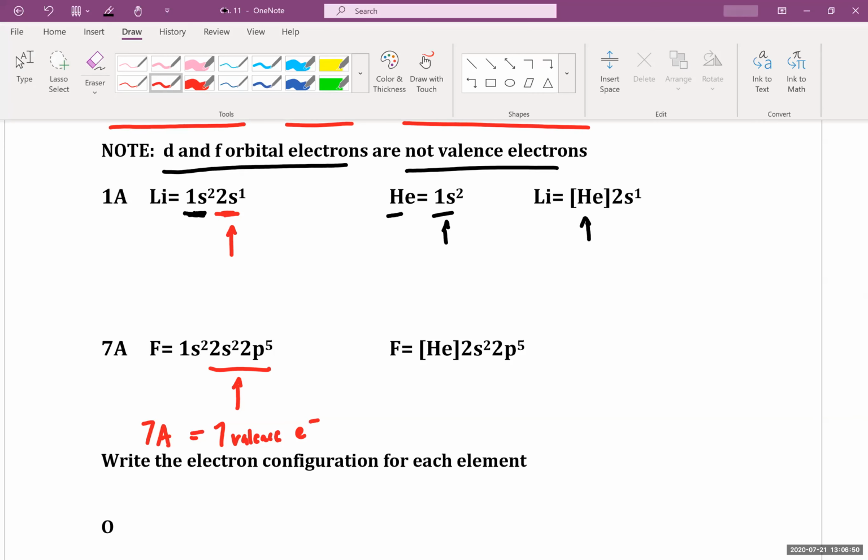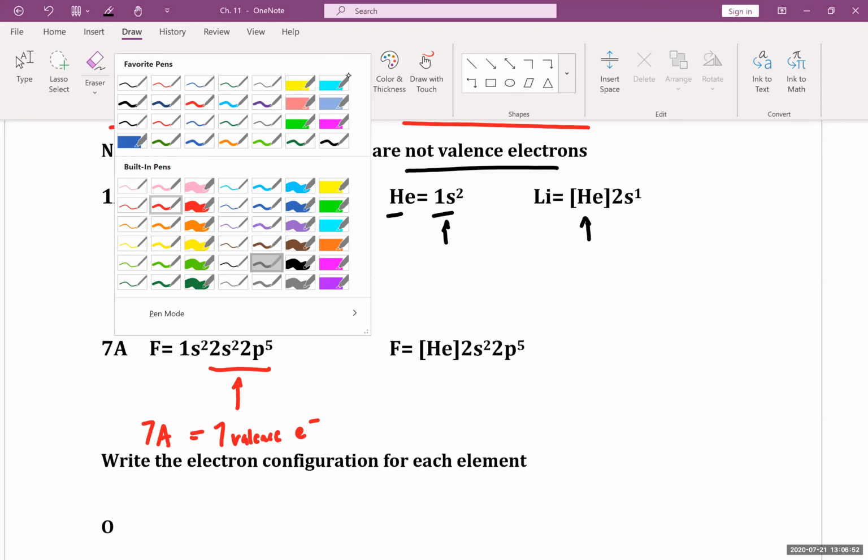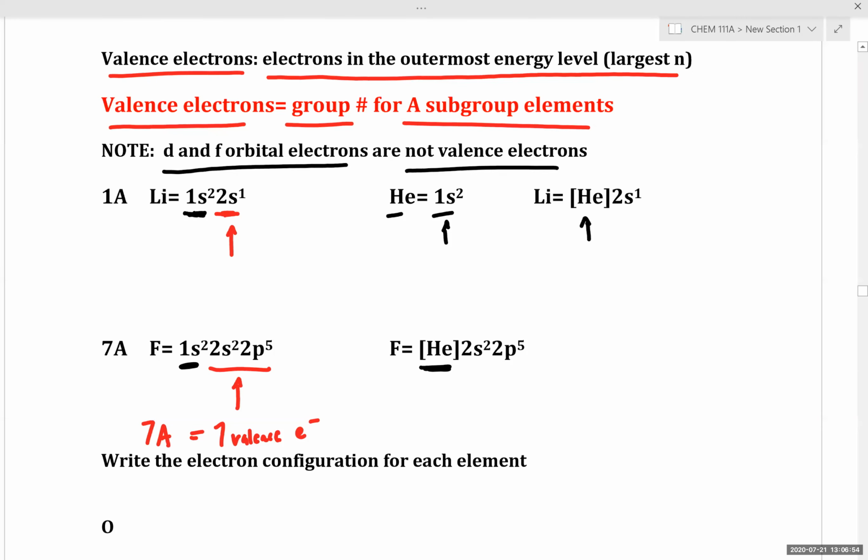And just like before, we're going to abbreviate our core electrons using the electron configuration of the closest preceding noble gas. The reason why we like to abbreviate our electron configurations is we're really interested in the valence electrons more than anything else, as those electrons are most reactive and are most relevant in terms of predicting bonding and ionization preferences.